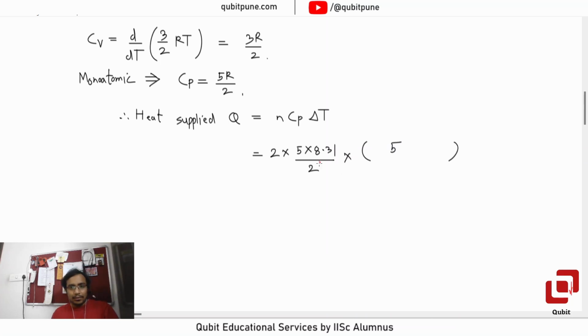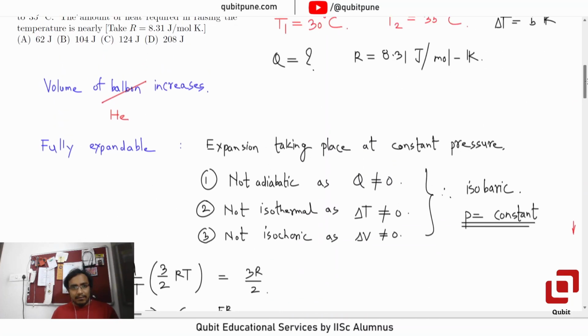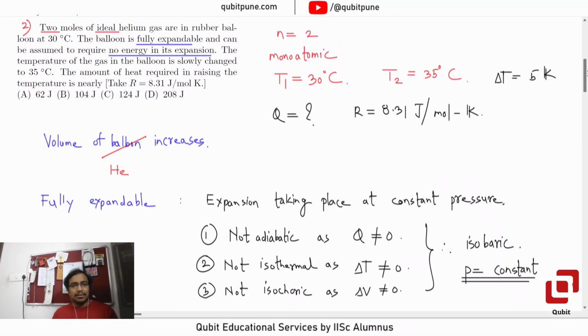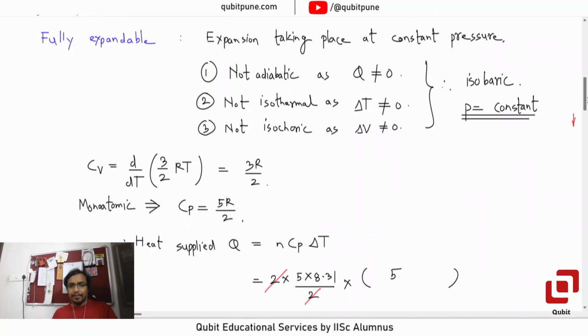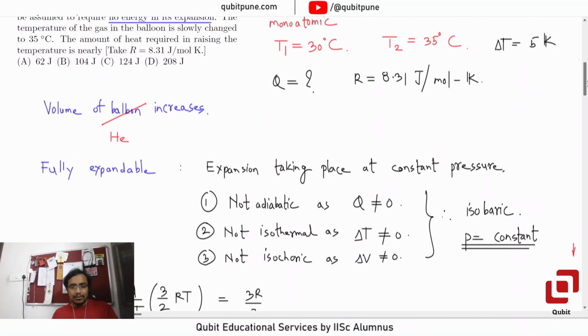So the 2 gets cancelled. 25 into 8.31: 25 into 8 is 200, and it's slightly greater than that. So look for an option comparable to that. 62, no. Yes, 208 is there. All other options are less than that, and therefore it should be 208.